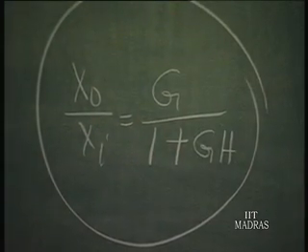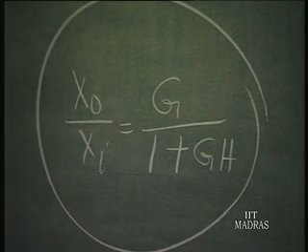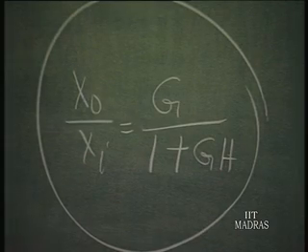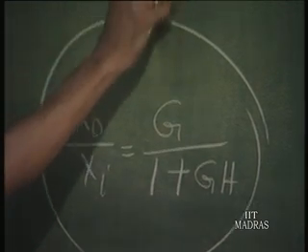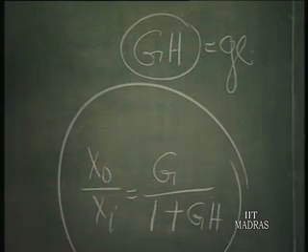This is an important control system equation, where GH is called the loop gain in our controls or circuits.